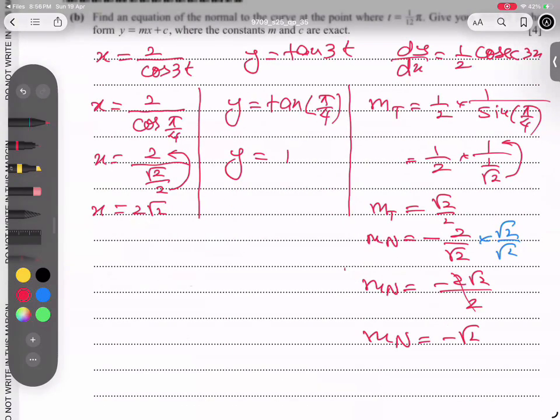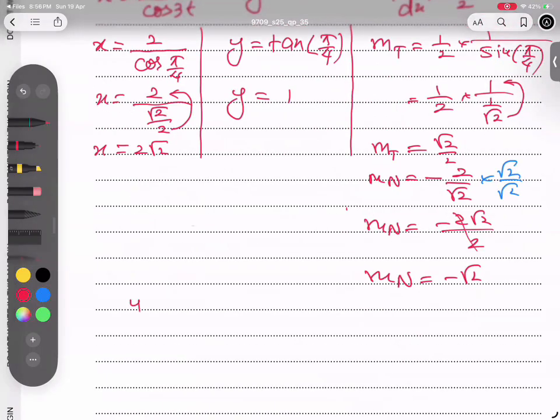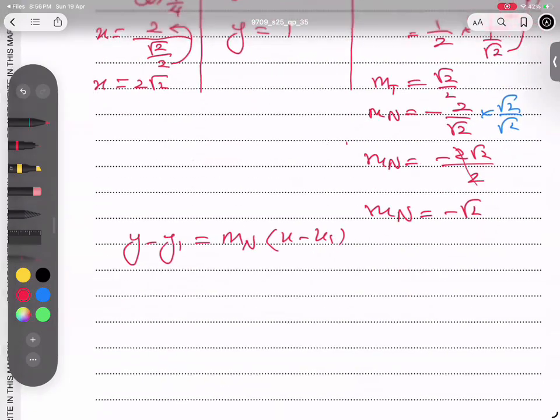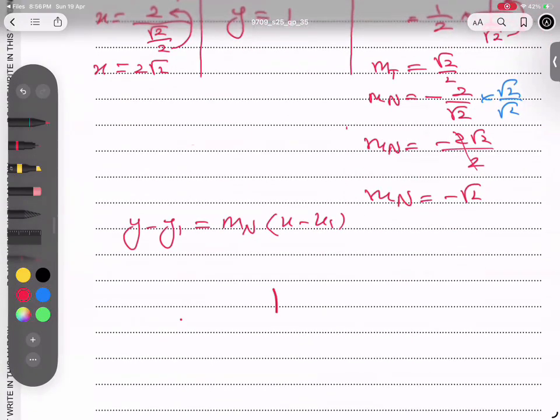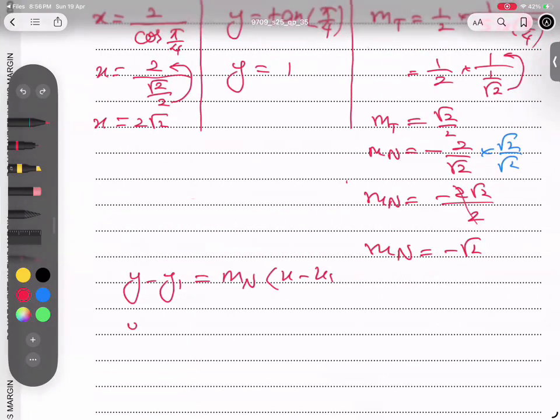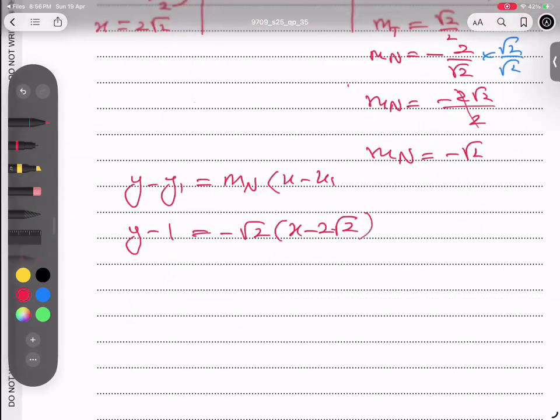Now, students, I'm able to plug into y minus y1 equals m of normal times x minus x1. And y1 is 1. I can use it now here. y1 is 1. m of normal is this. And x minus 2 root 2, I have to bring there.